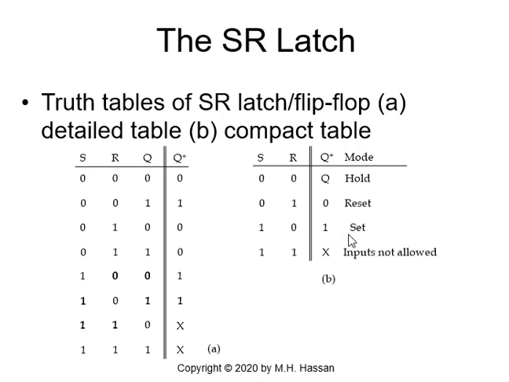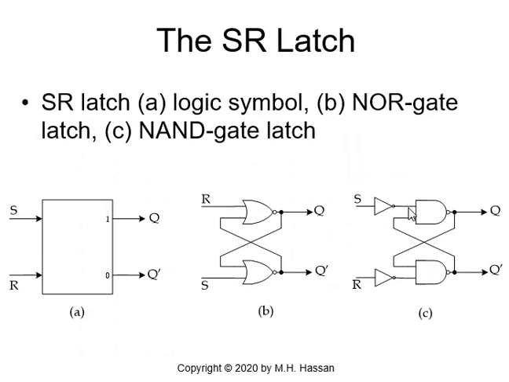and this is the set mode. Now the two invalid lines, inputs not allowed, where we are applying S equal to R equal to 1, or S prime equal to R prime equal to 0. So to the upper NAND gate, we're applying a 0, and to the lower we're applying a 0. So let's start with Q is 0, and Q prime is 1.